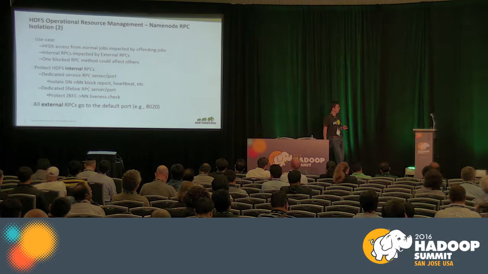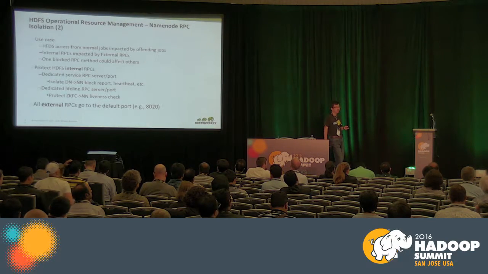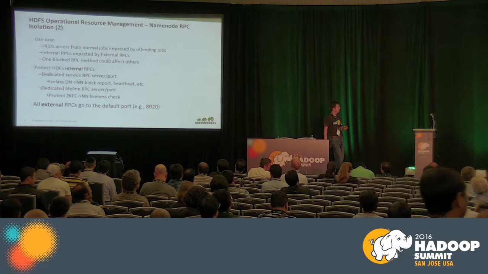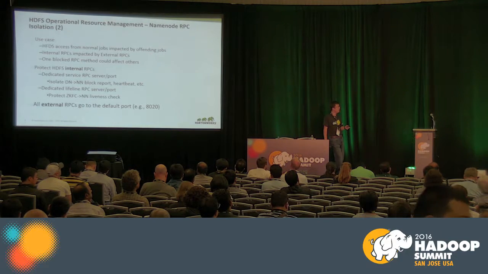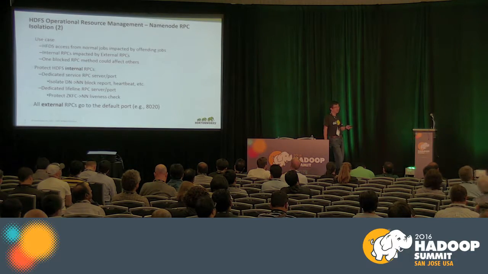One important improvement is that we added a dedicated service RPC server for the internal RPCs between the DataNode and the NameNode for block report and heartbeat, so that those important maintenance RPCs won't be blocked by client RPCs or other RPC requests.